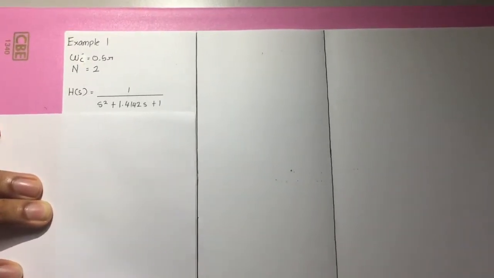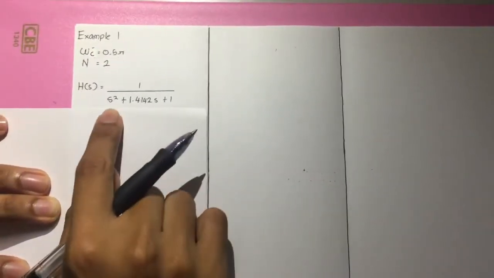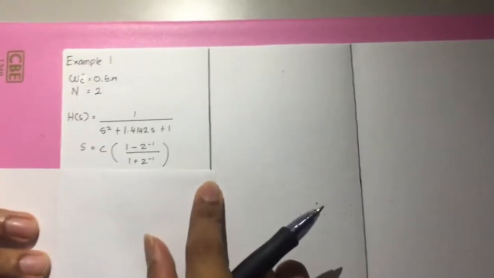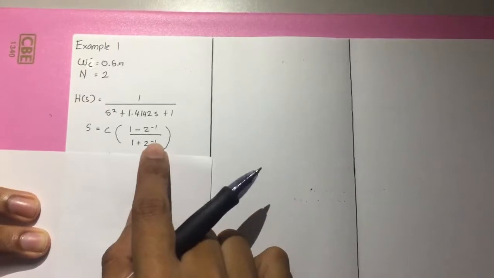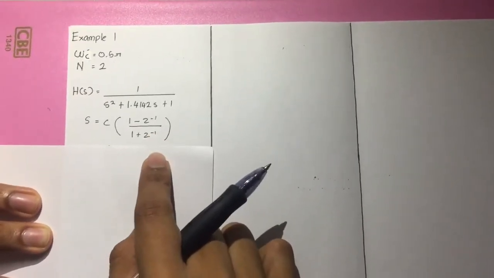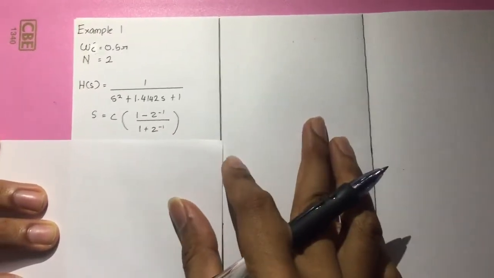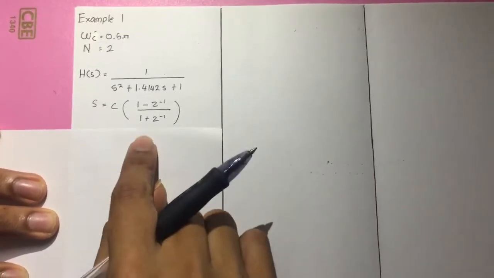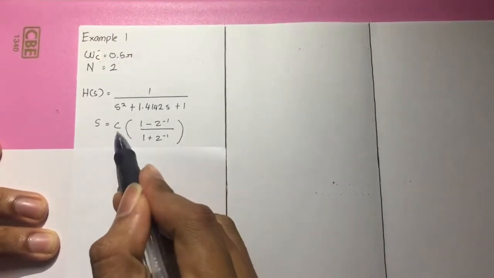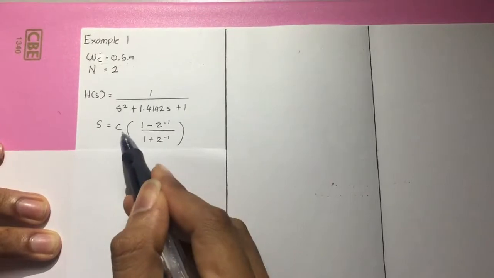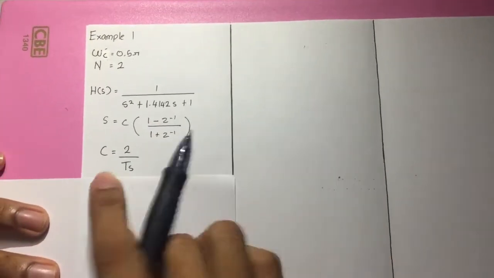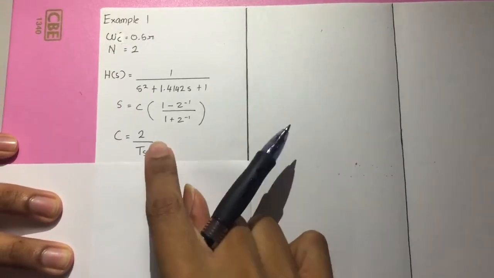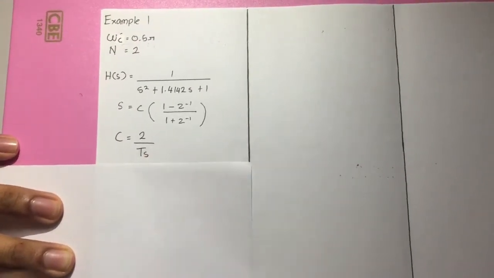And then what we're gonna do now is replace the S with the formula C in bracket 1 minus Z inverse over 1 plus Z inverse. From this formula we don't know the value of C. We can obtain the value of C from two equations. The first equation is C equal to 2 over TS.